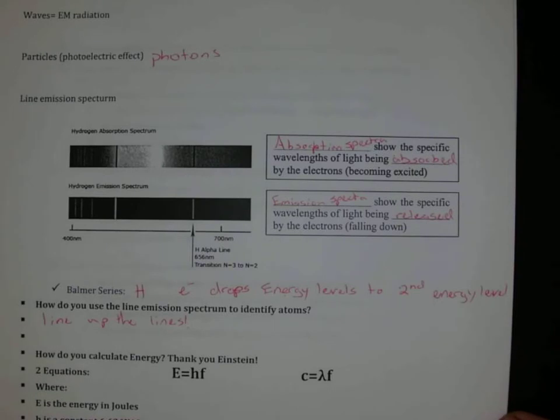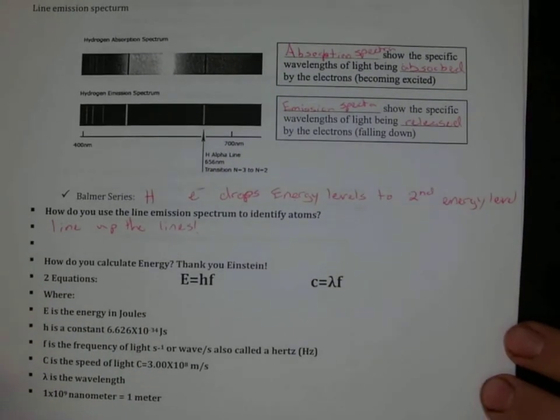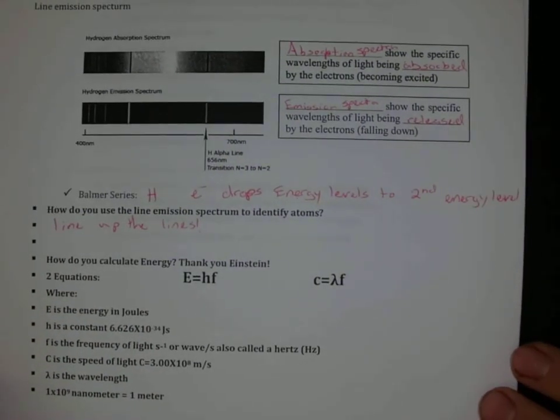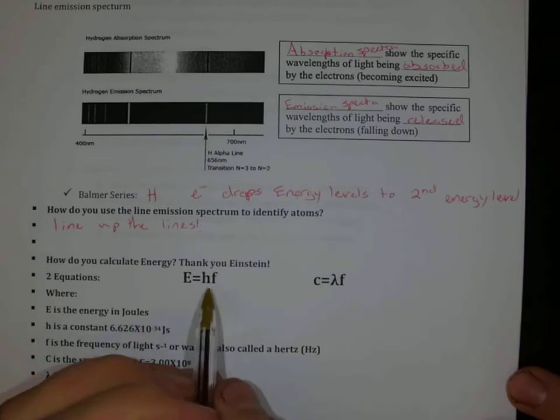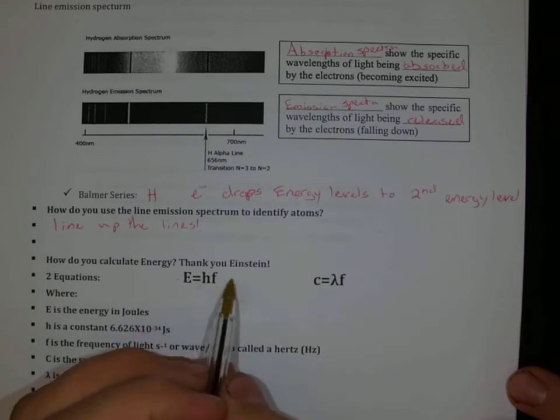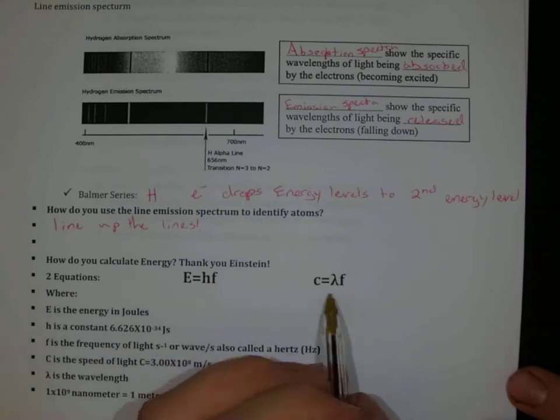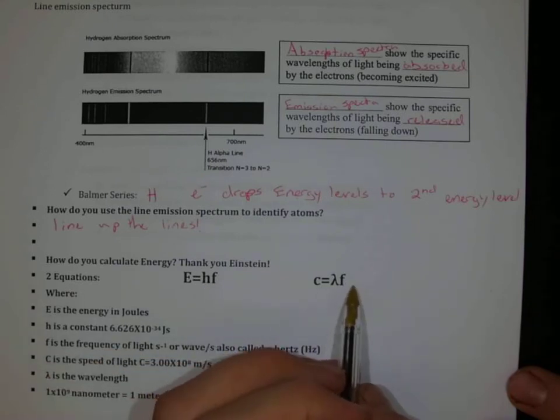Okay, so looking at our energy now, we have a few different calculations that we can do with our energies. Our energies are related to wavelength and to frequency. So our two equations that we want to use are E equals hf and c equals lambda f.